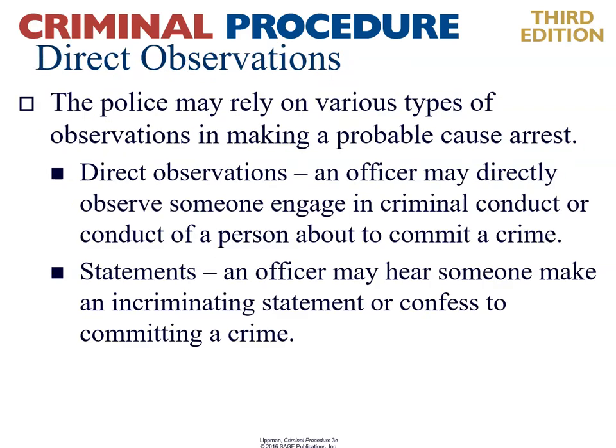So again, we talked about the 5 senses, but now let's talk about the fact that law enforcement may rely on various types of direct observations in making a probable cause arrest. So the first one is direct observation. This is where an officer may directly see someone engage in criminal conduct or conduct of a person about to commit a crime.